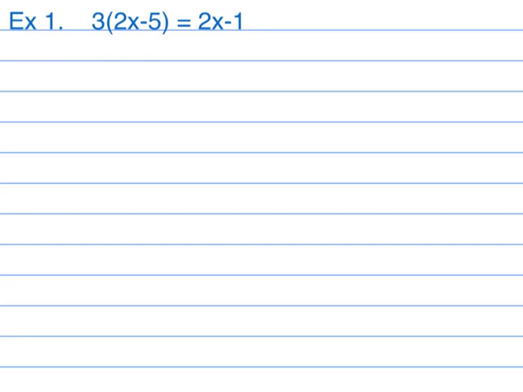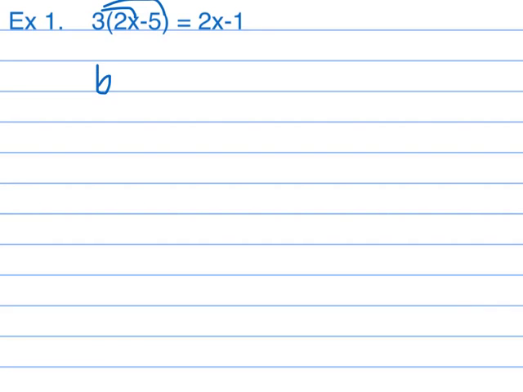All right, let's look at our first example. 3 times (2x minus 5) equals 2x minus 1. So the first step would be to distribute that 3 through on the left side of the equation. So we have 3 times 2x and 3 times negative 5.